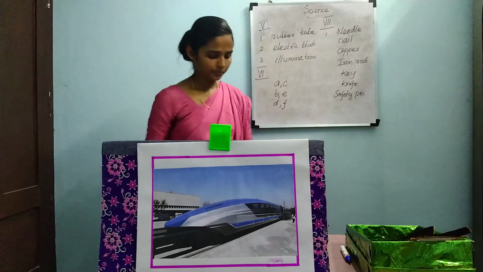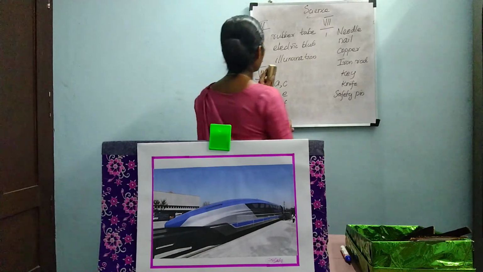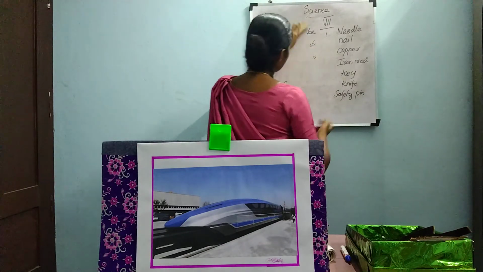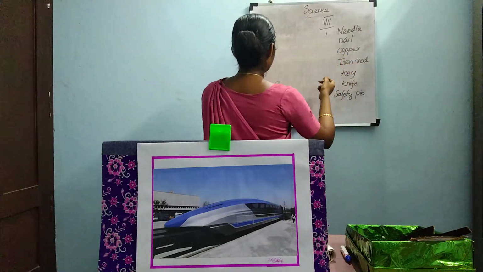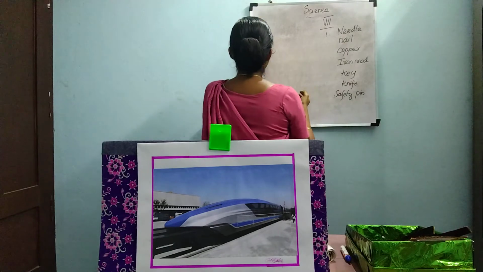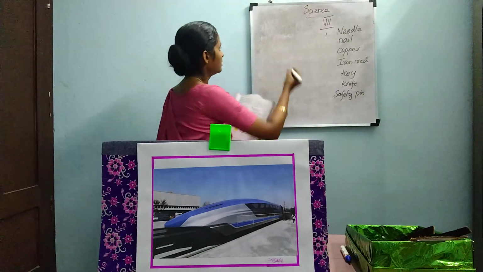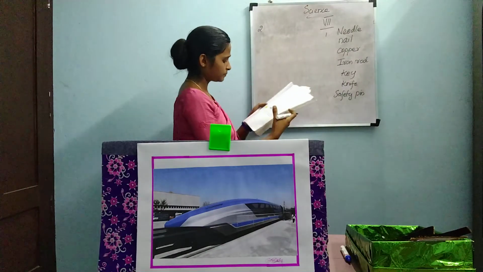And the substances that are not attracted by magnet. This is substance attracted by magnet, and this is substance that is not attracted by magnet. That is chalk piece. They have written chalk piece.